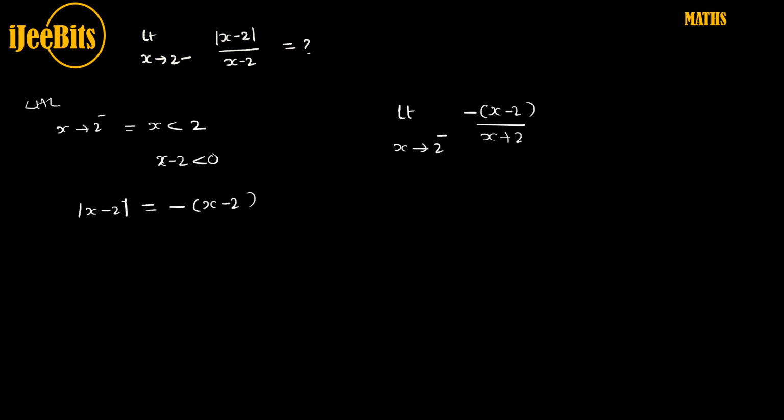What is the value? You can cancel them both and that remains minus 1. The left hand value would be minus 1 when you ask these kinds of things, because you clearly stated x tends to 2 minus. Then what would be the f of x value? So minus 1. Clear? LHL, left hand limit.